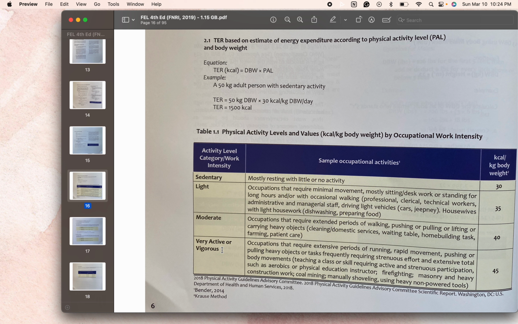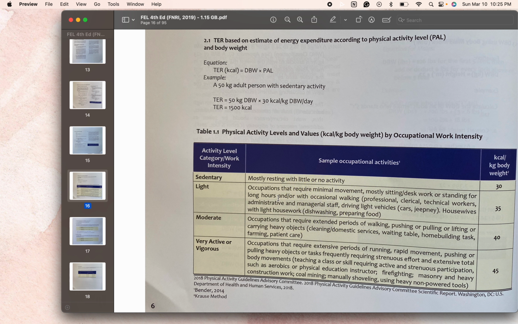For example, if for the whole day you're just sitting down or lying down, you don't have any physical activity like walking or exercise, then your activity level is sedentary, which is 30 kcal per kilogram body weight.